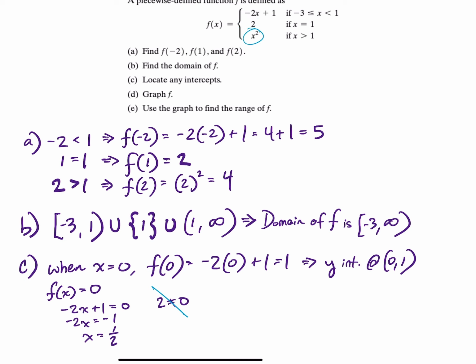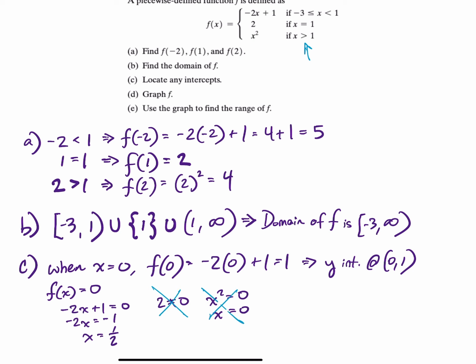And for the third condition, we can say x squared equals 0, so x equals 0. But it's only going to behave like this function when x is greater than 1. This is saying when x is 0. So we wouldn't need this part either.